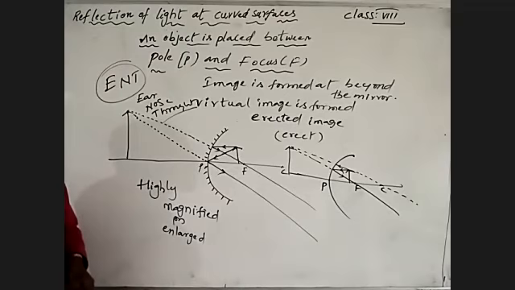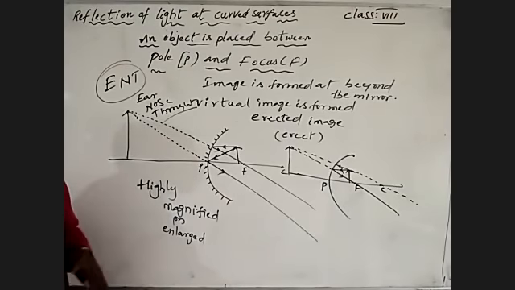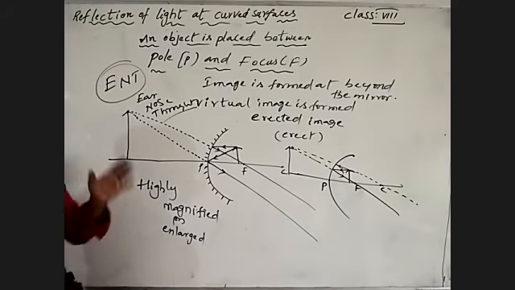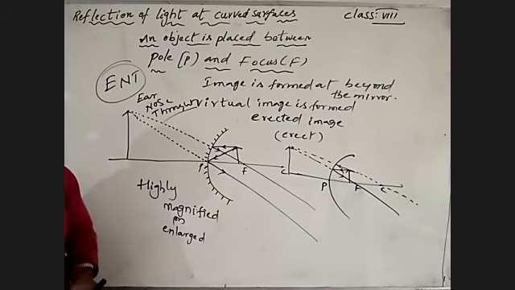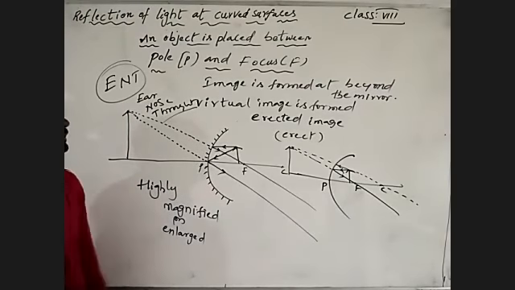Understand? This is a very important drawing among all the drawings: image formed by a concave mirror. See here, an object is placed between pole and focus. Where is the image formed?